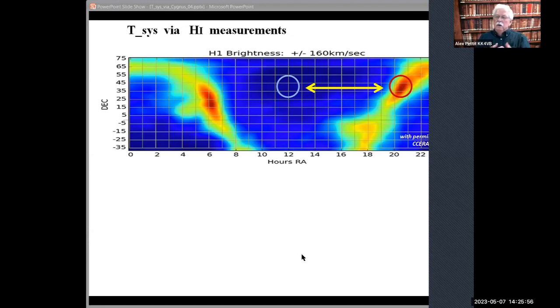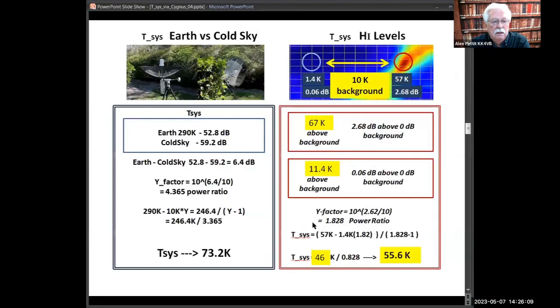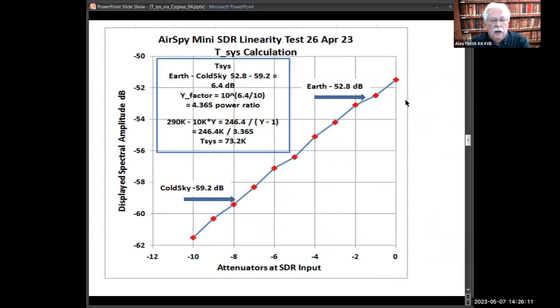I've been trying to do some system characterizations to say, is there something strange about my electronics, and I don't see it. I use the WD5AGO LNA, which has a 0.28 noise factor or something like that.